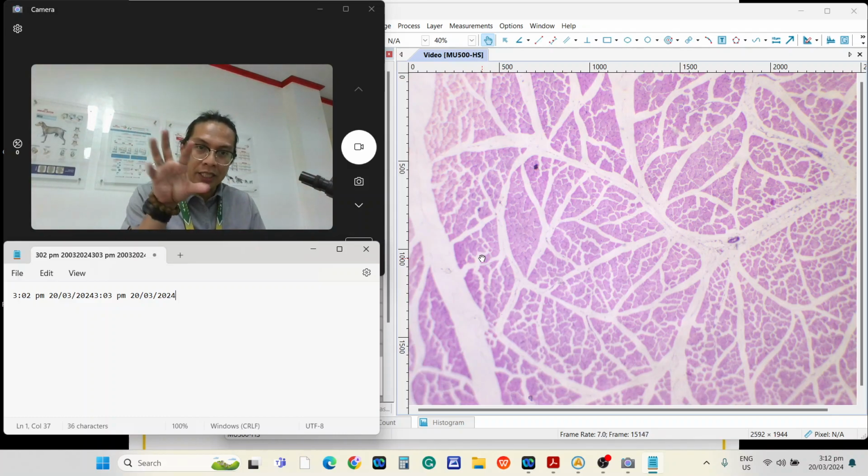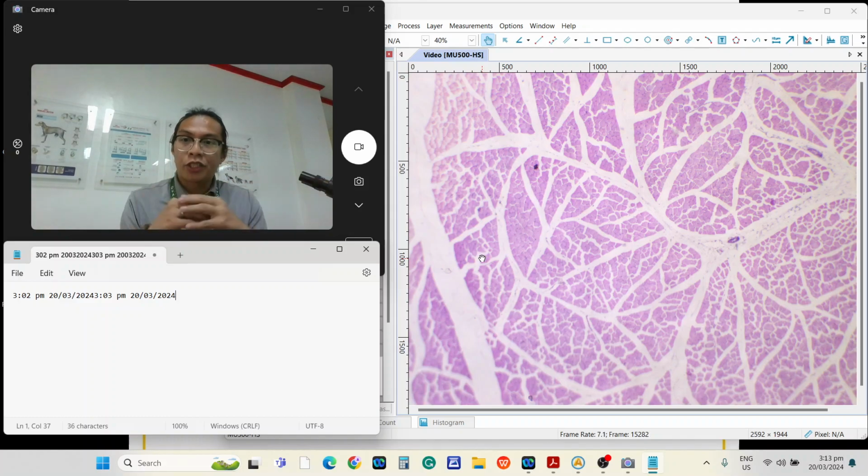Kaya makikita natin individually ang bawat bundle. Okay? Each bundle is actually covered with its own connective tissue. Each muscle fiber is being covered with endomysium.